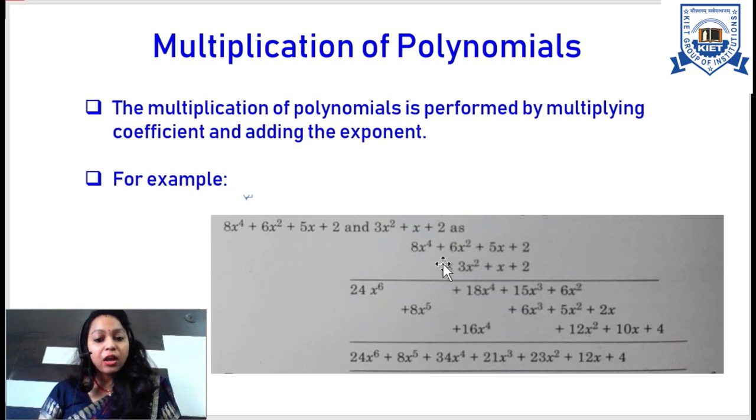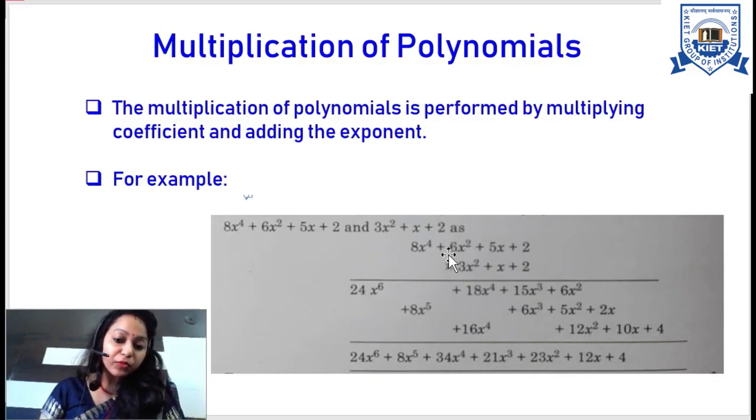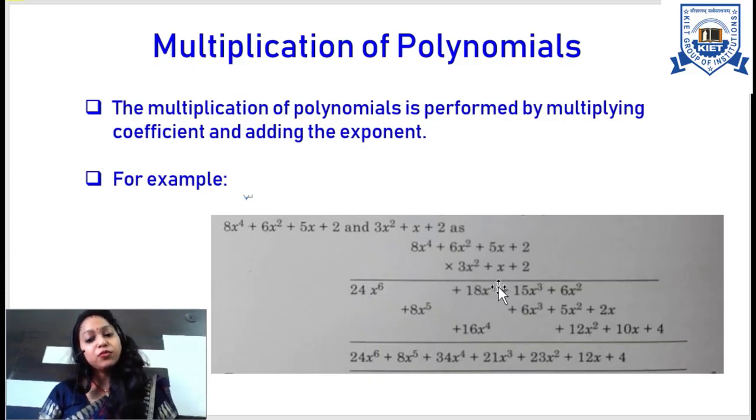Now again we have switched to the second term of the first polynomial equation. We multiply the first coefficient of the second polynomial equation with it: 3 into 6, 18, and add the exponent value, 2 plus 2, 4.